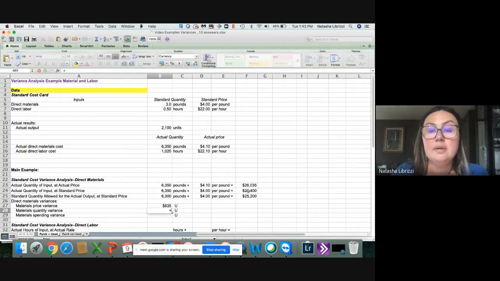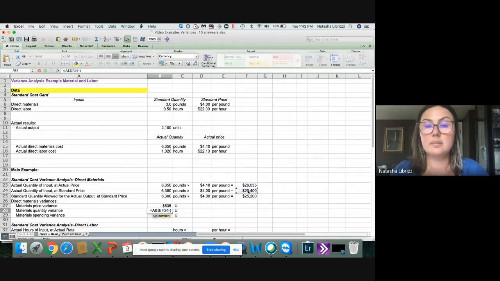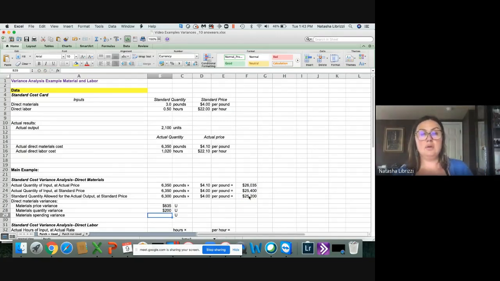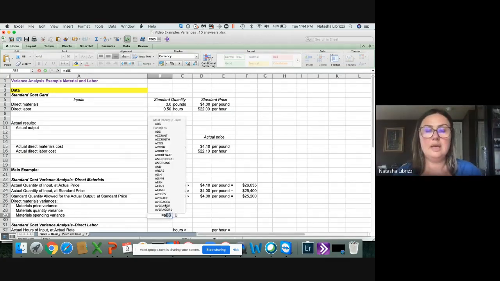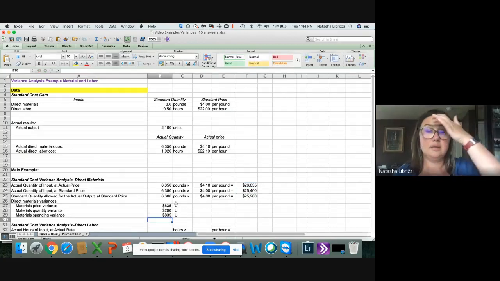I'm going to do absolute value again. This, and that's 200, and again unfavorable because I used 50 pounds more. Now, if I add those two together, in this case, it happened to be a total of 835.